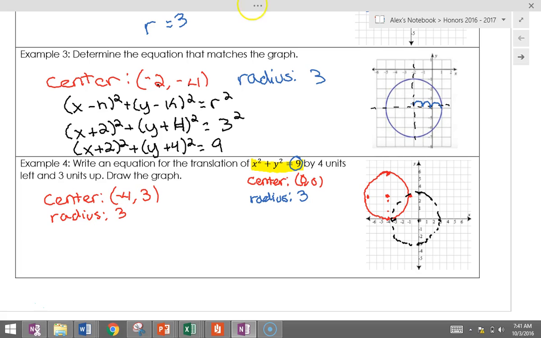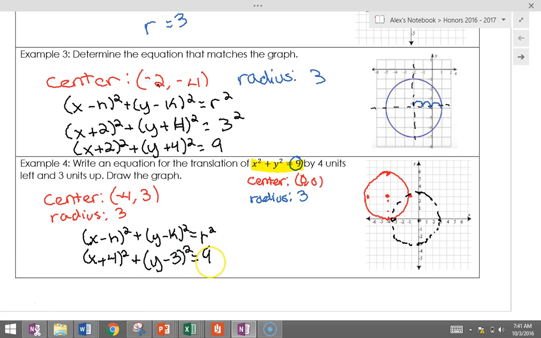I'm just going to write that equation of the form (x minus h) squared plus (y minus k) squared equals r squared. And I get (x plus 4) squared, because the sign changes, plus (y minus 3) squared equals, and 3 squared is 9.